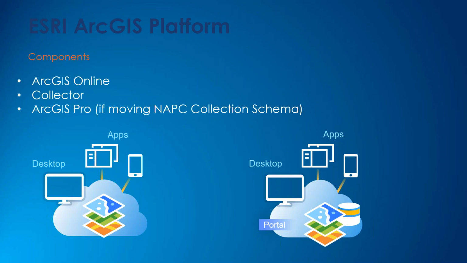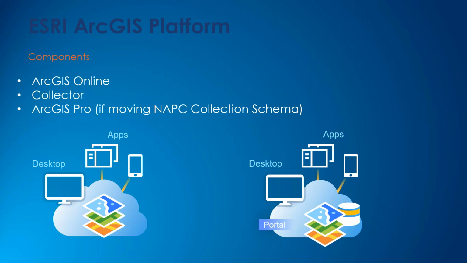We're going to be using a mobile application, ArcGIS Collector, for the actual data collection process. And then if you so desire, ArcGIS Pro can also be used if you're actually going to be moving the NAPC schema to a different organization. And we'll get into that just a little bit at the end of the talk.